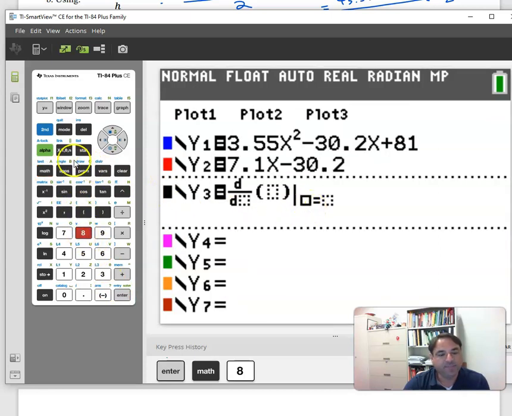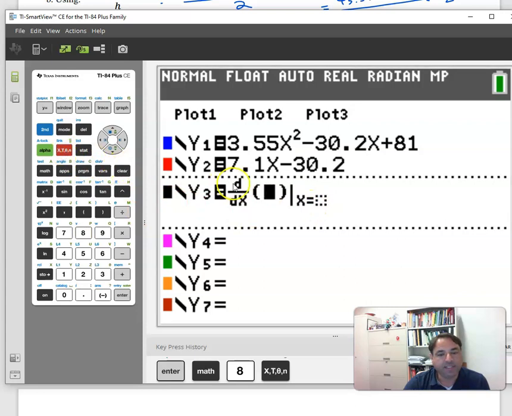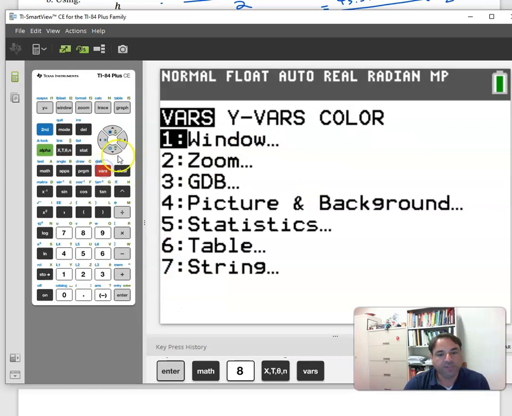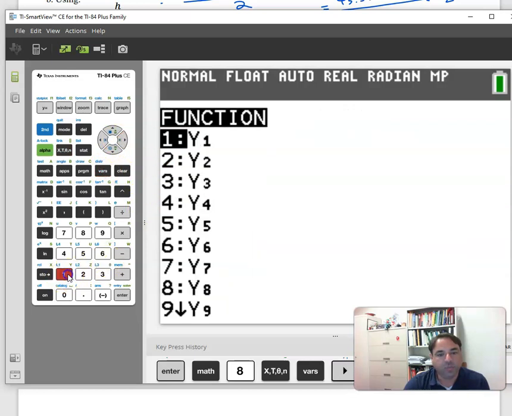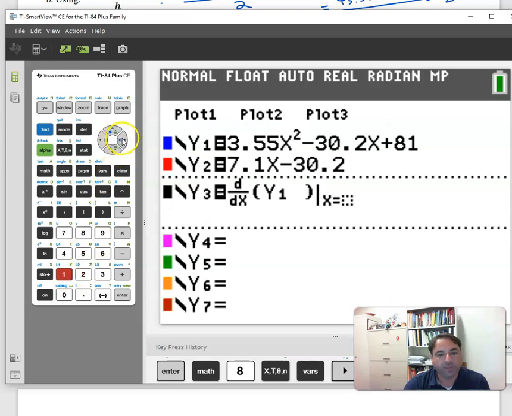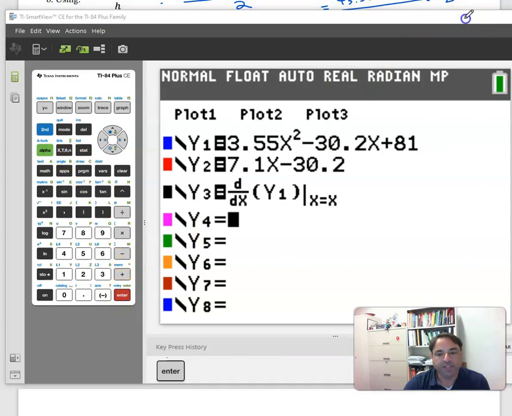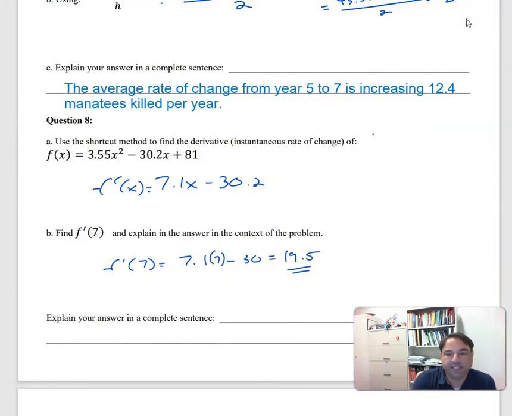If it looks like this, it's x, and then to get y1 in there, because we're taking the derivative of y1, it's vars, to the right for y vars, number 1 for function, 1 for y1, push to the right, x.